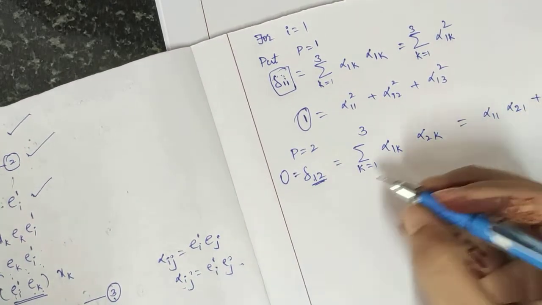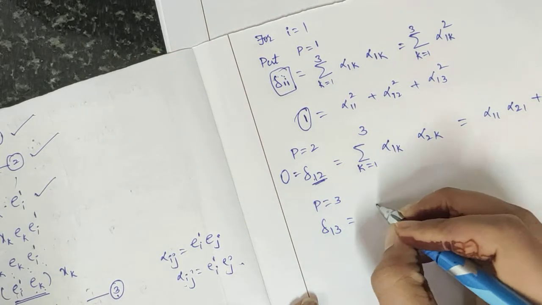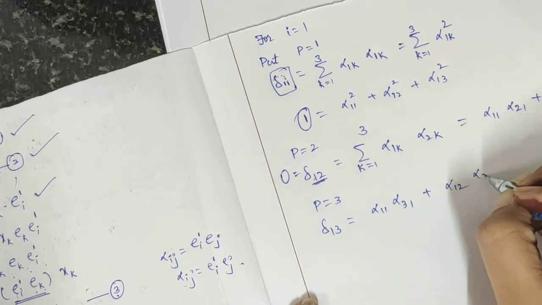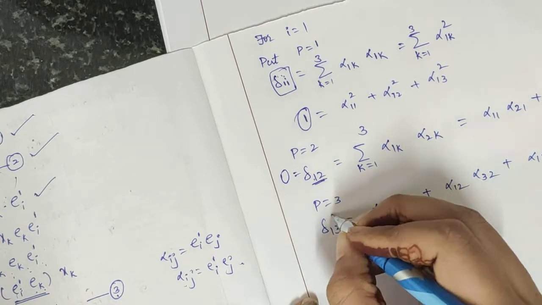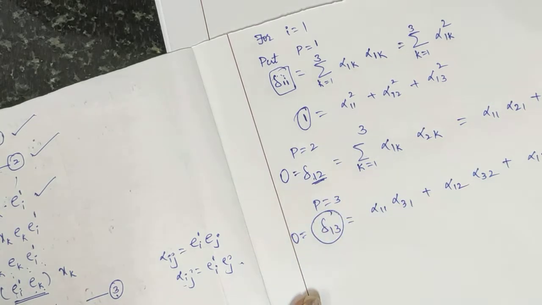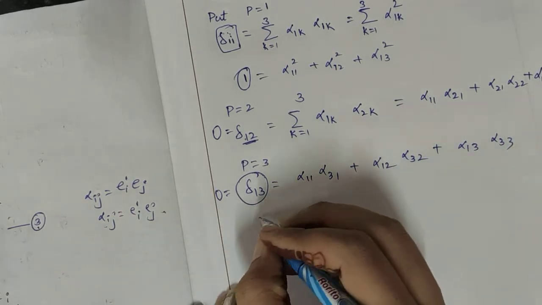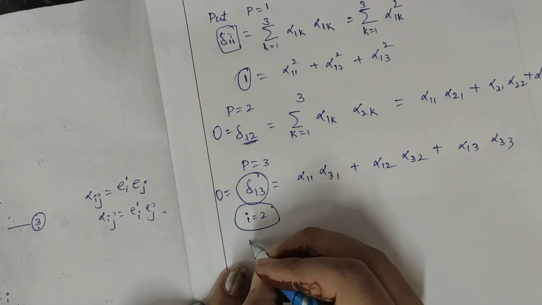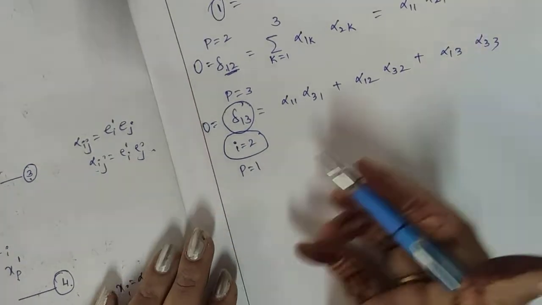So similarly, when p is equal to 3, you will be getting delta 1 3 is equal to alpha 1 1 alpha 3 1 plus alpha 1 2 alpha 3 2 plus alpha 1 3 alpha 3 3. Delta 1 3 is also 0, right? So similarly, we have to consider i is equal to 2. Again 3 cases, that is p is equal to 1, p is equal to 2 and p is equal to 3.